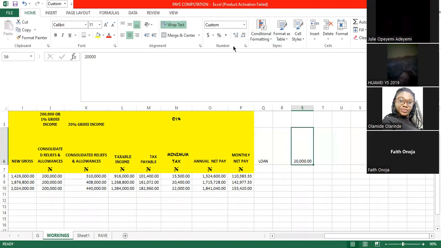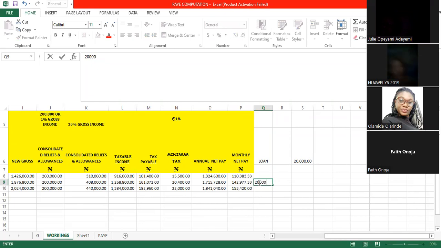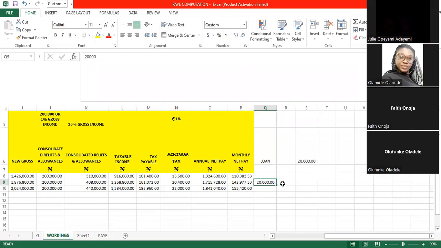Since we have calculated everything, instead of paying that person 142,000, what you are going to pay him is this 142 minus the 20,000. So it's going to be 122. That's what we are going to pay into his bank.